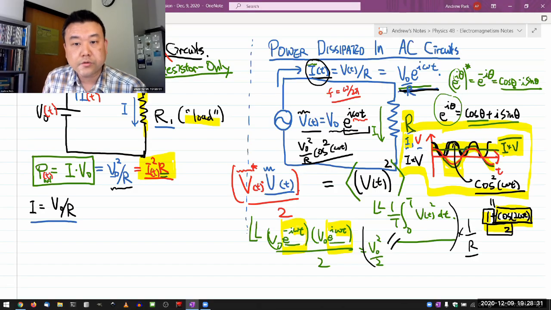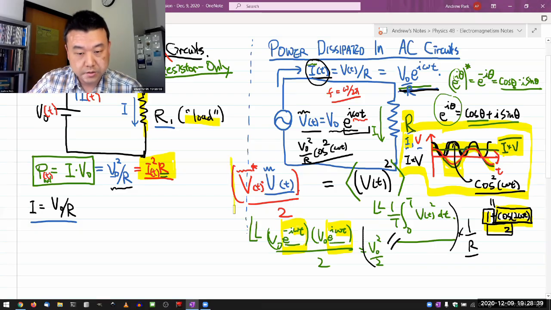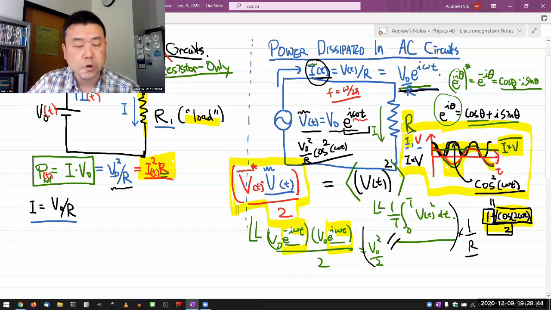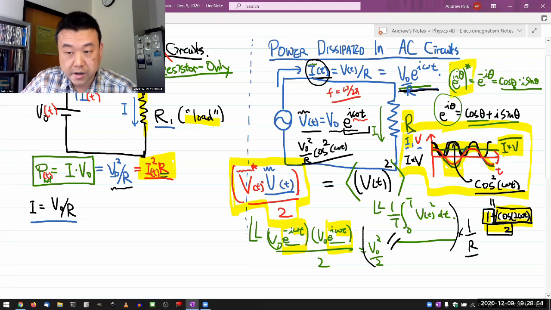So there is a way to get to average power dissipated in an AC circuit that uses only complex functions and very simple operations, never dealing with anything more complicated than the complex conjugate operation, which is just replacing I with a minus I, and simple products of complex numbers that can be worked out relatively simply algebraically.